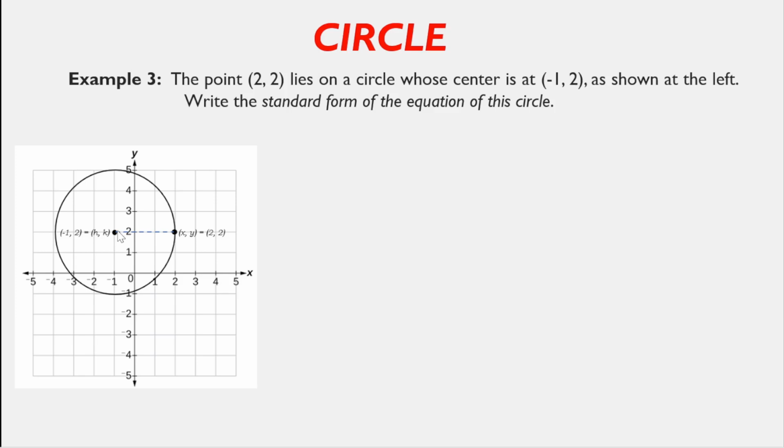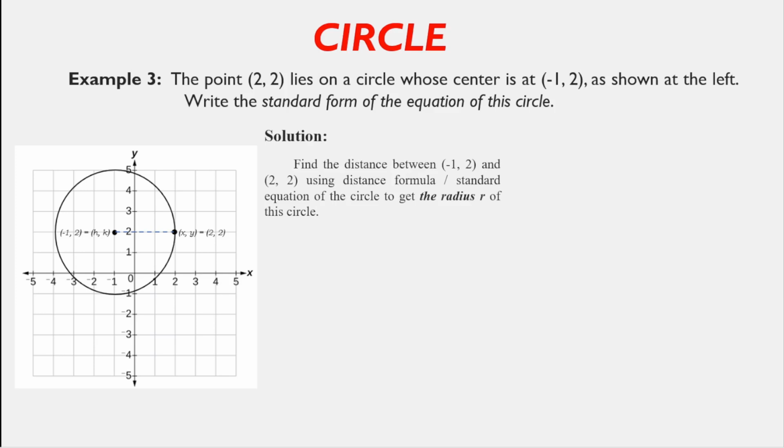As we plot the center, which is (-1, 2), and the point on the circle, which is (2, 2), the first thing we need to do is find the distance between the points (2, 2) and (-1, 2), because if we connect the two points, that will be the radius of the circle.